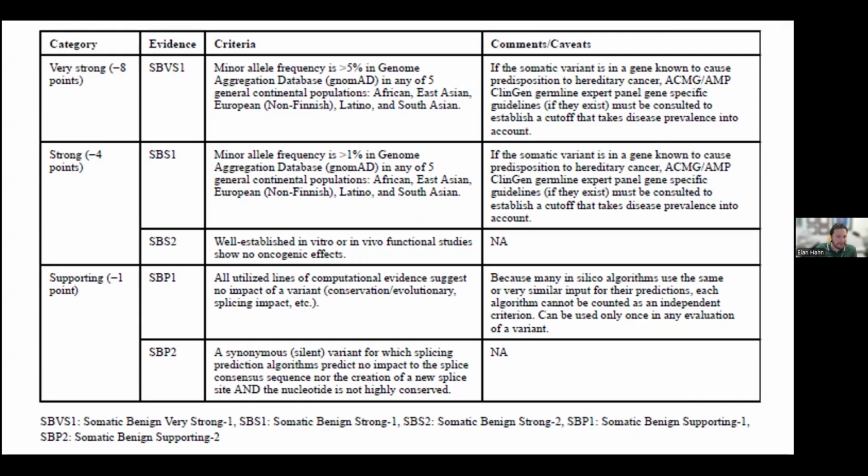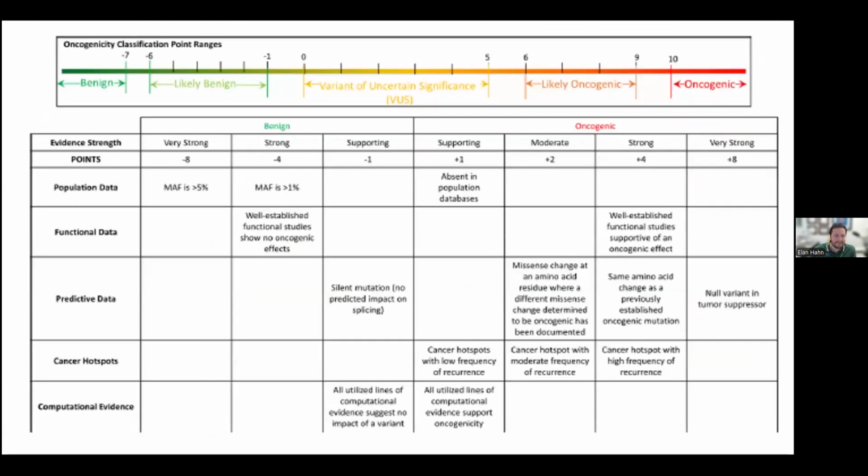And then we go to in silico evidence again, and then a synonymous variant for which splicing prediction algorithms predict no impact to splice consensus, nor the creation of a new splice site, and the nucleotide is not highly conserved. But this again is just a supporting point, which would be -1 point. And when you put that all together, you're looking for a score of 6 or more to be likely oncogenic or oncogenic.